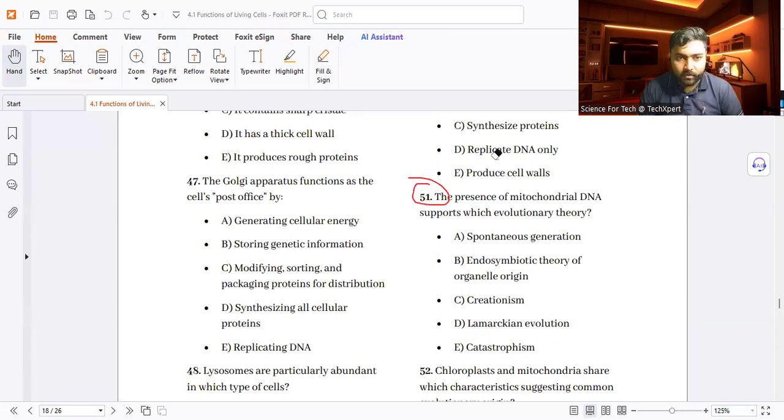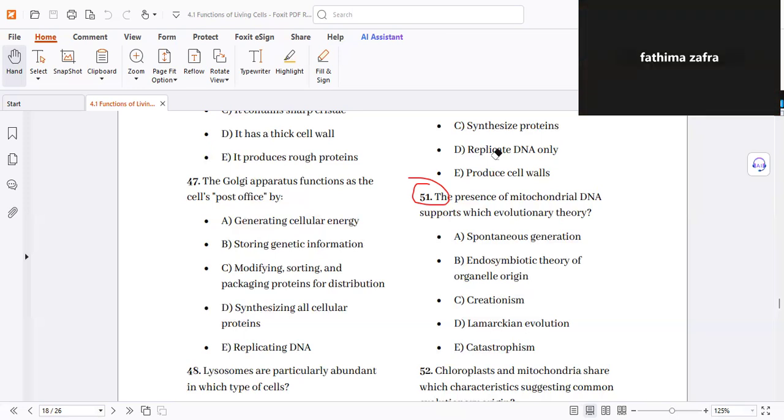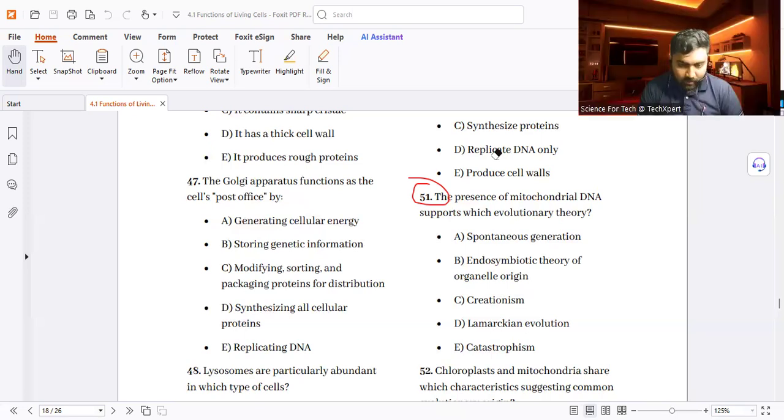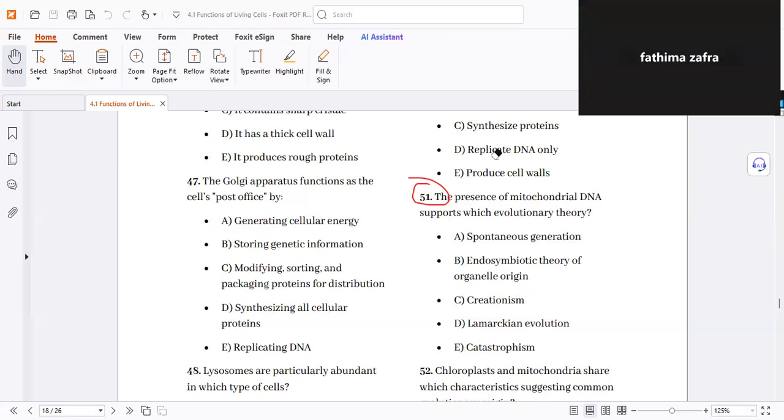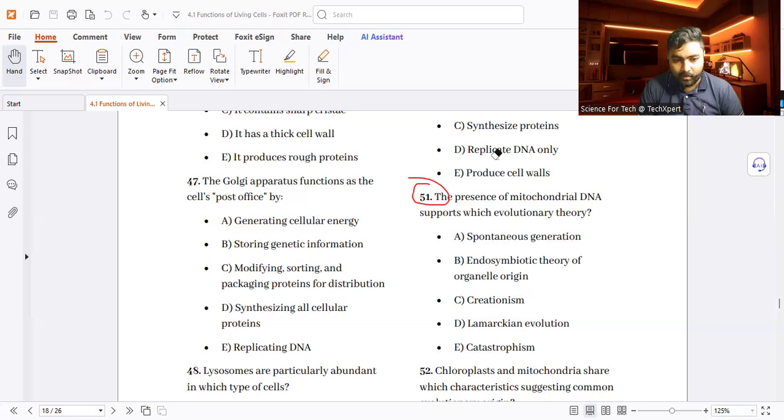Can you understand the question? Can understand, sir, but the answers are quite different. Yes. Here, can you remember I told you 70S ribosomes can be seen in prokaryotic cells, while 80S ribosomes can be seen in eukaryotic cells. But I told you there is a special case: mitochondria and chloroplasts have 70S ribosomes.